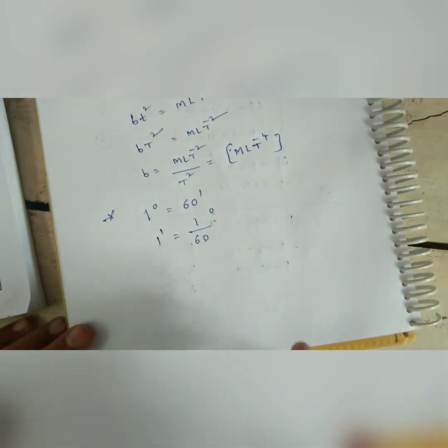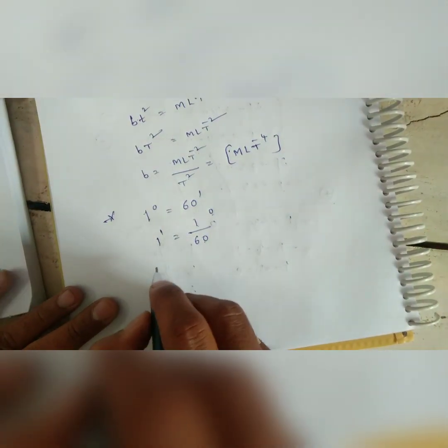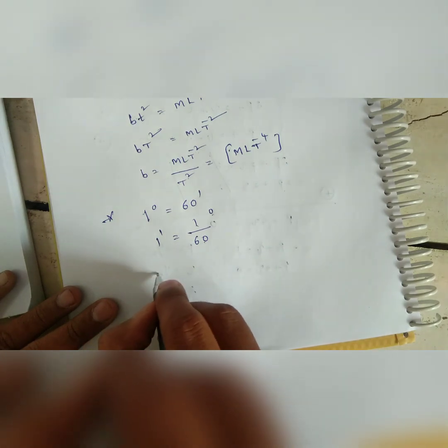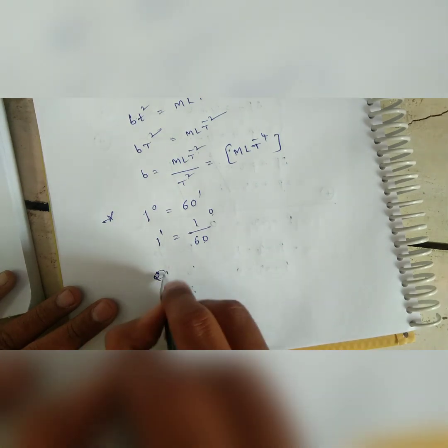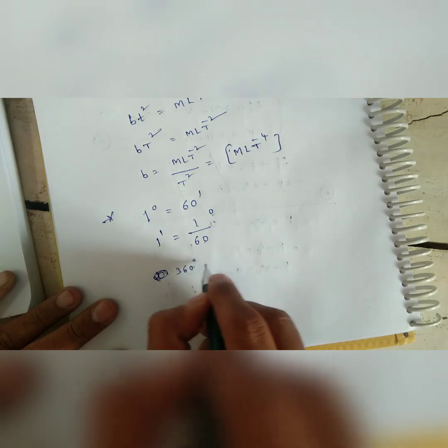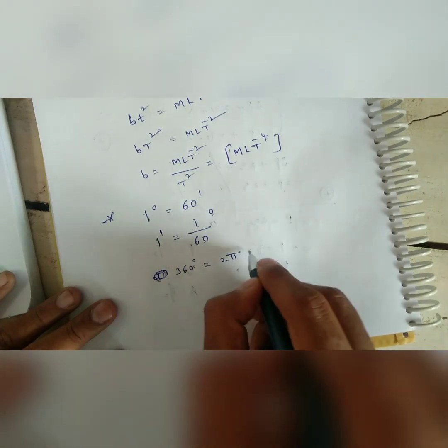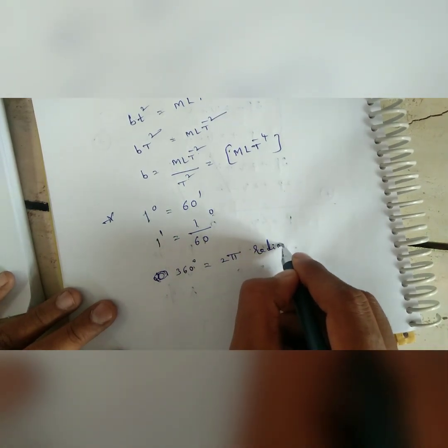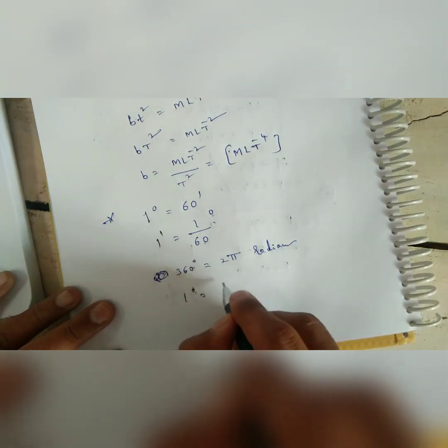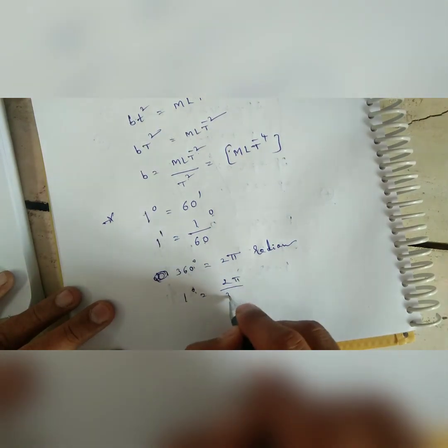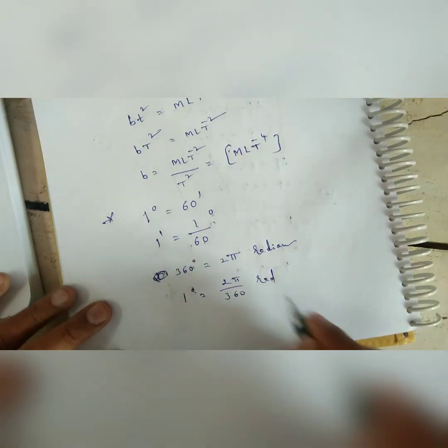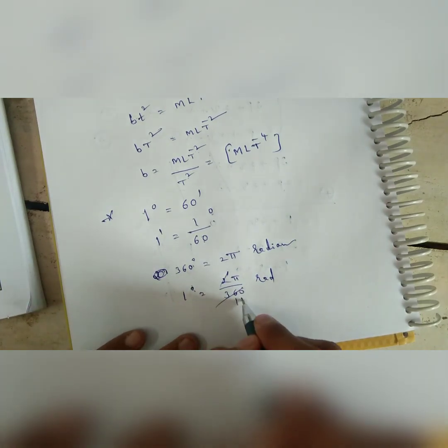Here they asked to calculate in radians, and for that, how can you consider that 2 pi radian or 360 degree is equal to 2 pi radian. 1 degree is equal to 2 pi by 360 radian. 2 ones are 2, 2 180s are 360.